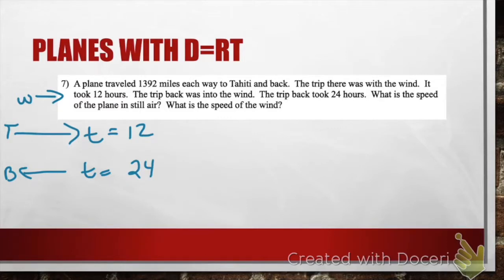My rate here, since the wind is going with us when we're going there, we're going to have the plane plus the wind. But on the way back, we're going to have the plane minus the wind. Now we can write our equations. Remembering that the distance both ways was 1392.